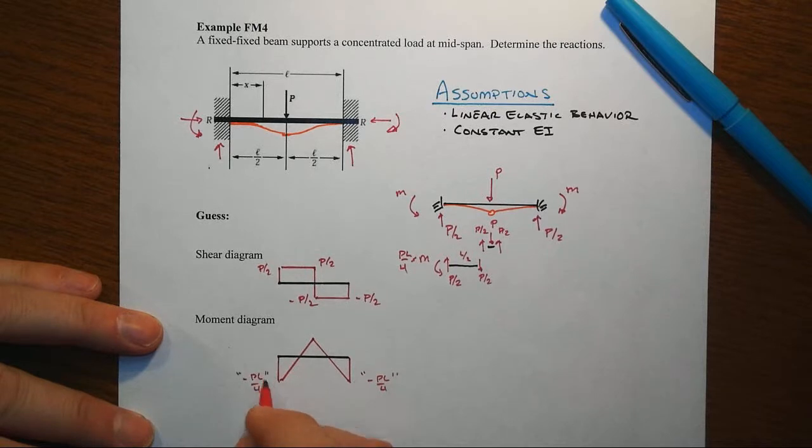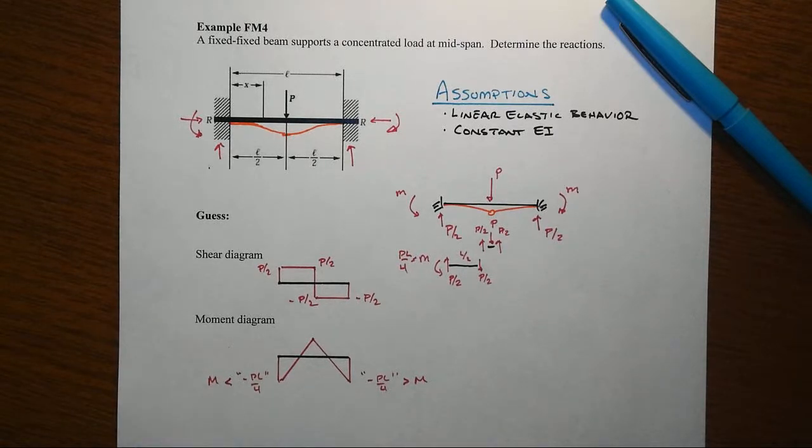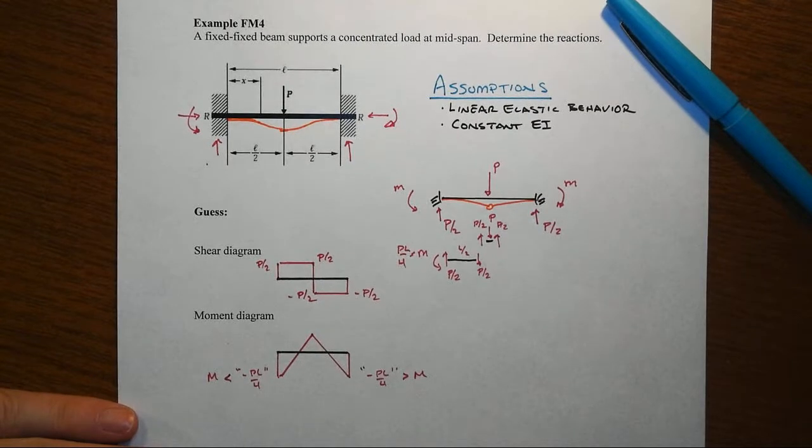Because negative PL over 4 would mean we'd have 0 in the middle. That would correspond to here, and so we expect to get something at the end that is between 0 and PL over 4. With that, we have the background or the setting to go do some theoretical work.